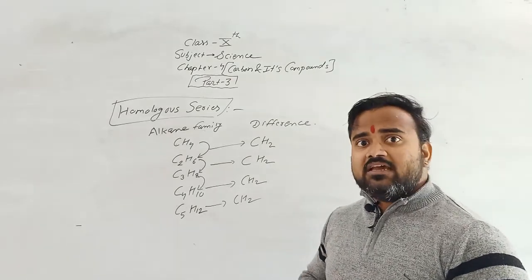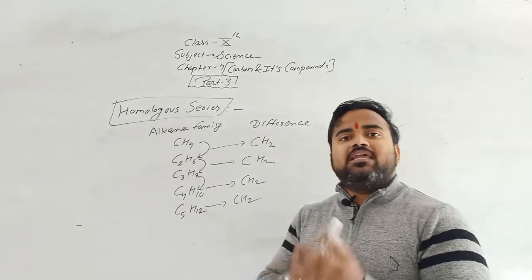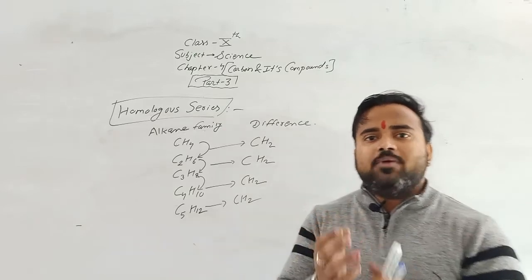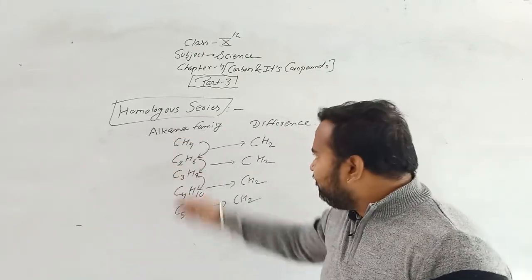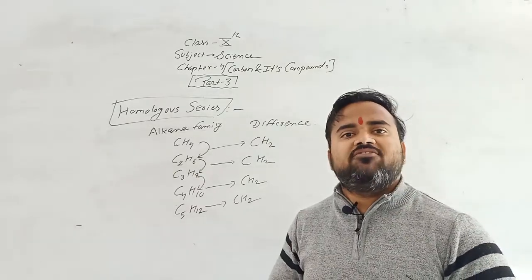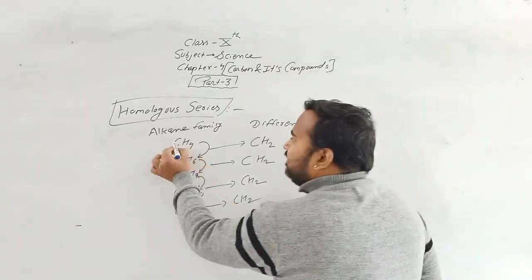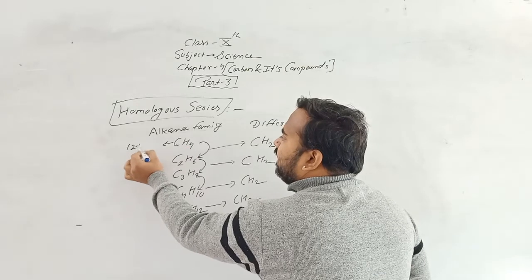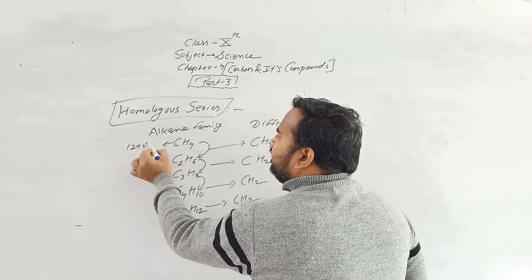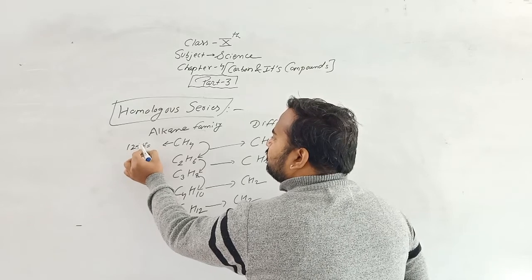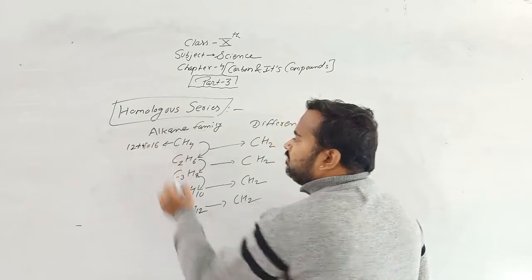Now one more thing, by how much the molecular weight differs. See, the weight of carbon is 12 and hydrogen is 4, so its weight is 16.